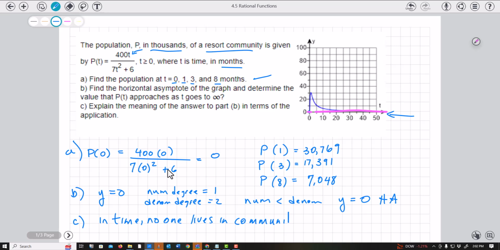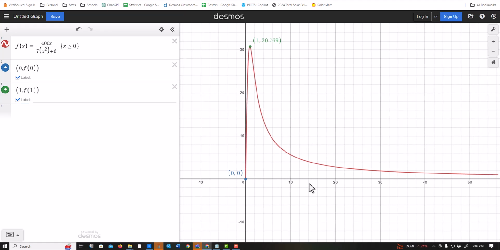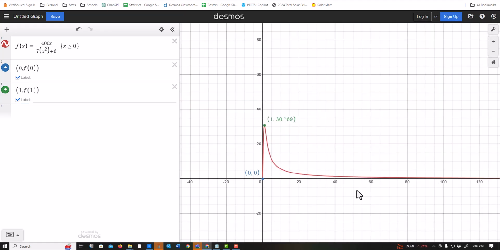All this means is that as t goes to infinity, let me get this out of the way so you can see the graph. I could have even seen that if I went back to this graph here. It looks like in the long run, the population is getting a lot closer to 0.